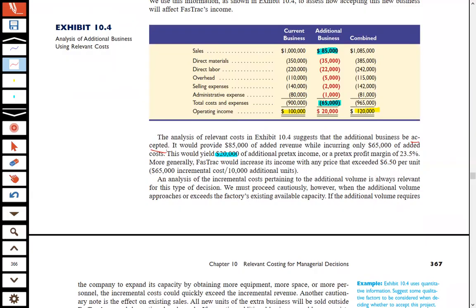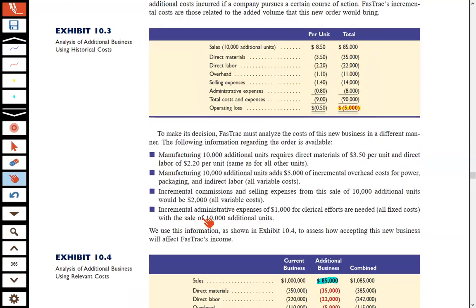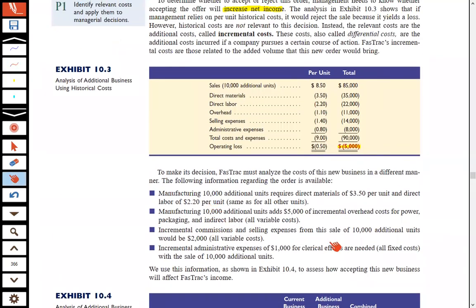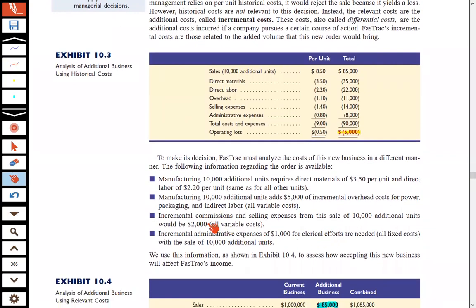Clear? Yes, but sir, how is the overhead 5,000? Why isn't it 11,000? It is given in the question, basically.